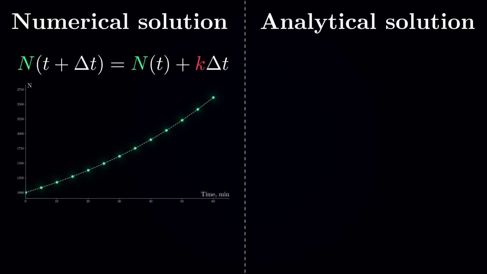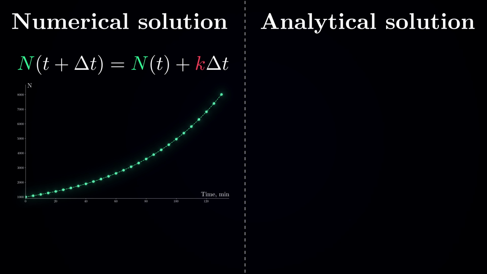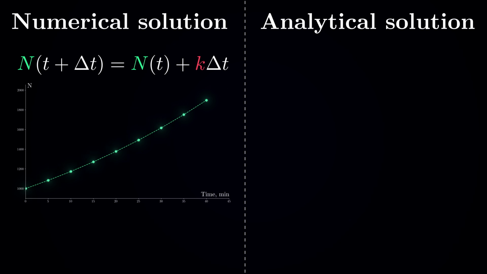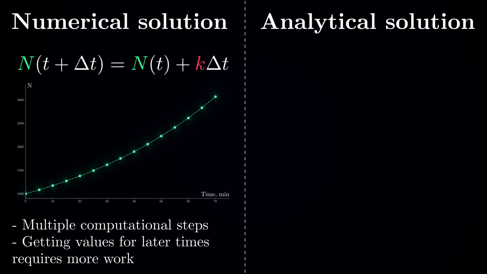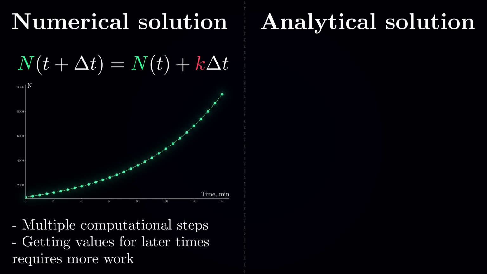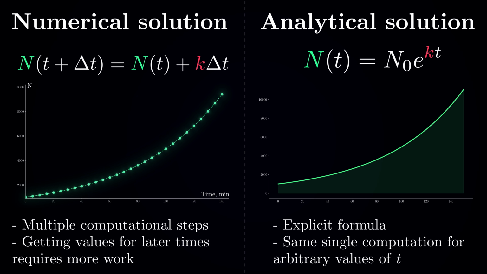There are several important differences between those two approaches. The numerical solution requires us to perform many update steps, multiplications and additions to arrive at the result. Getting estimates for later time demands more computational effort. Unlike an analytical solution, we don't have an explicit formula where we can simply plug in values and get a result instantly.